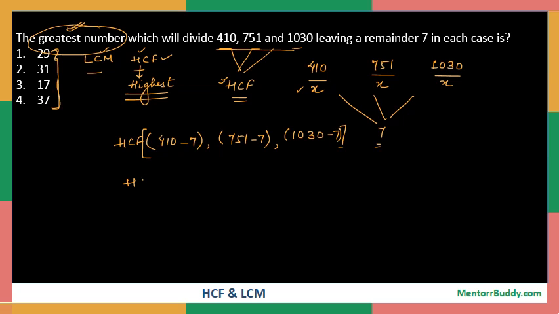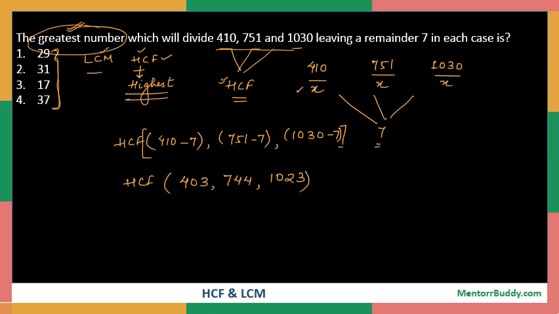So I get the values as HCF of 403, 744 and 1023. So we need to figure out the HCF of these three values.